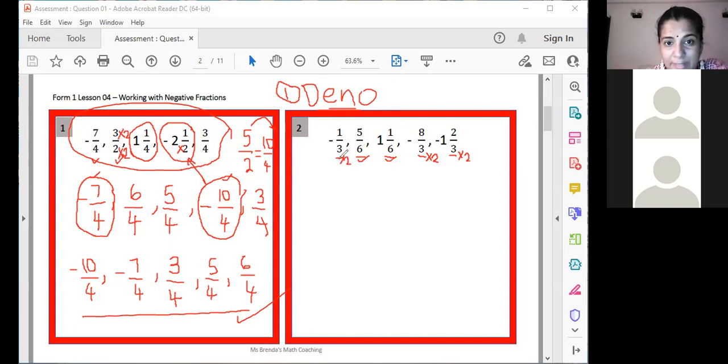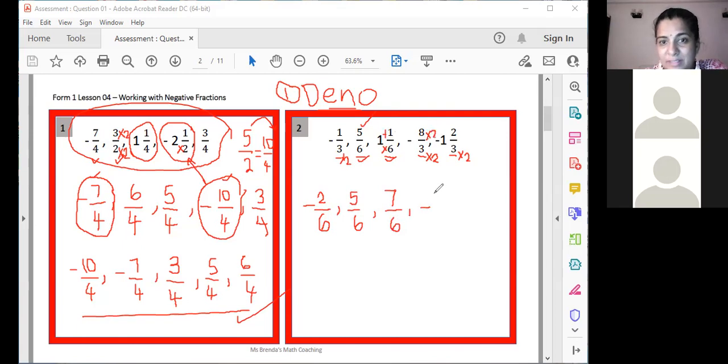So what happens here when I times 2? I will get negative 2 over 6. The first one, okay? 5 over 6, I no need to change. It's already there. This one, I times and I plus. So this will become 7 over 6, okay? The next one, I have to multiply 2.